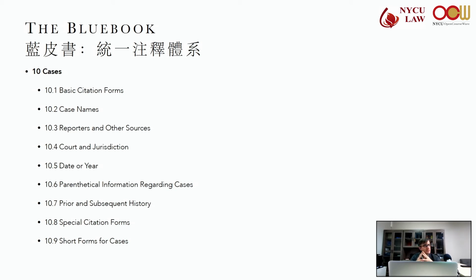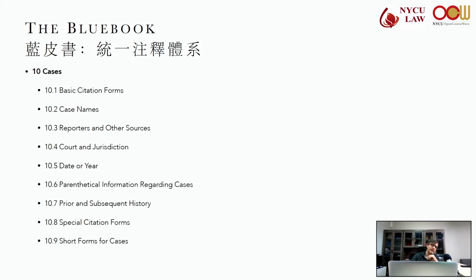There might be some situations where the database identifier is not clear from the database. You would include this at the end in a parenthetical. There might be a situation where the case was depublished.